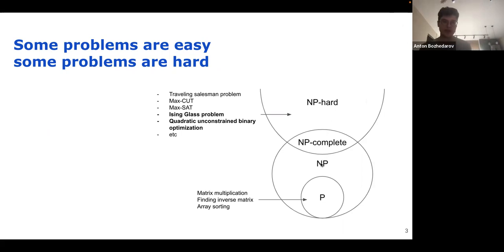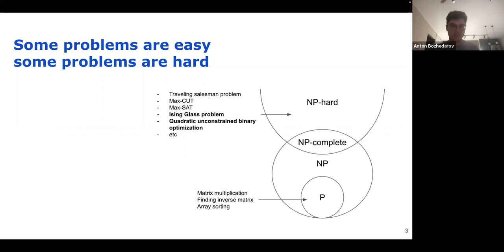And if NP problems are equivalent to each other, then we call them NP complete. And there are some kinds of problems, like combinatorial optimization in particular, that are not NP problems, but NP hard. Yes, these are the hardest problems that we know right now.